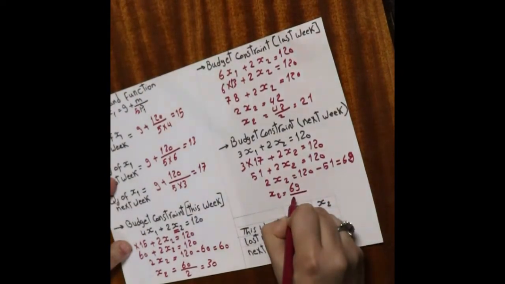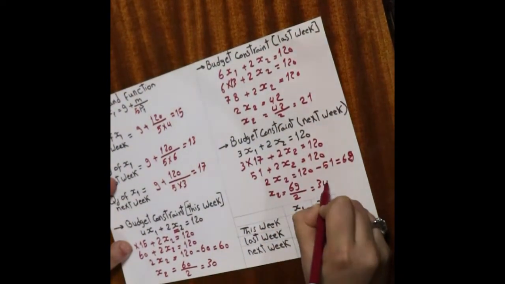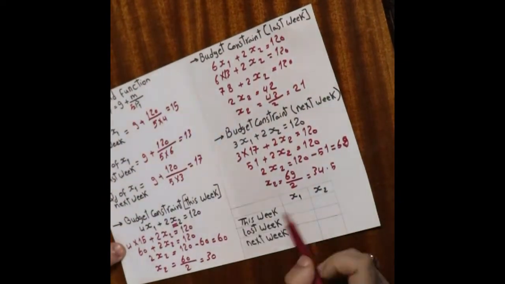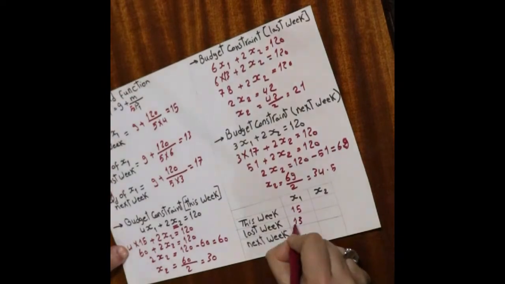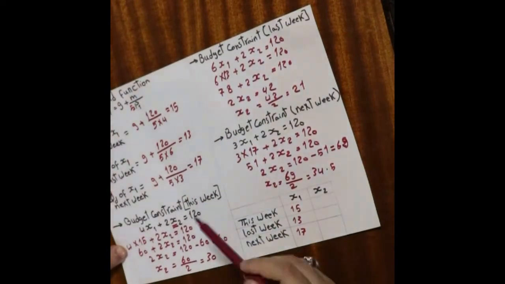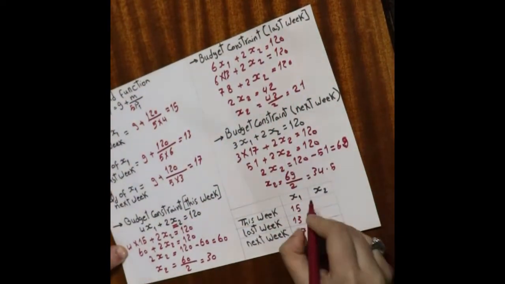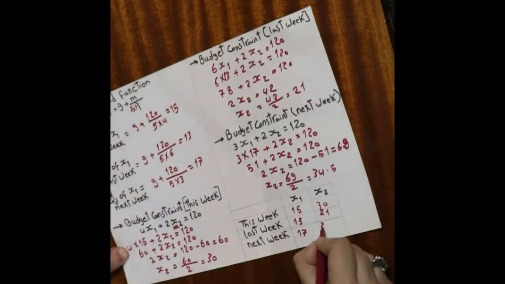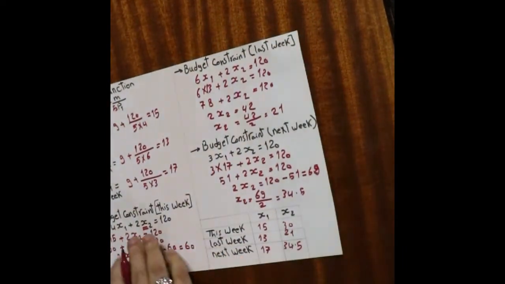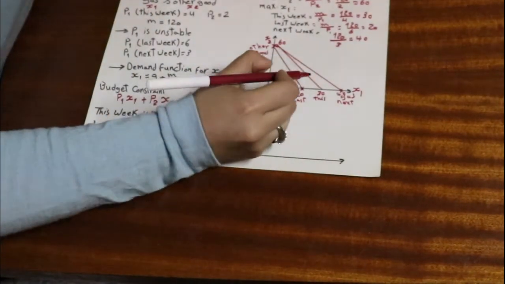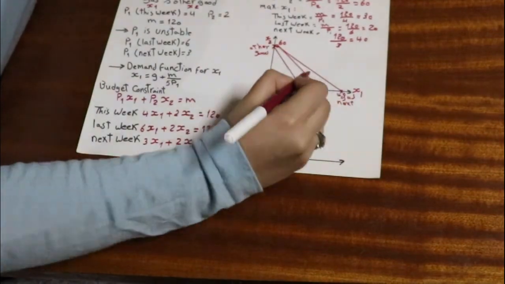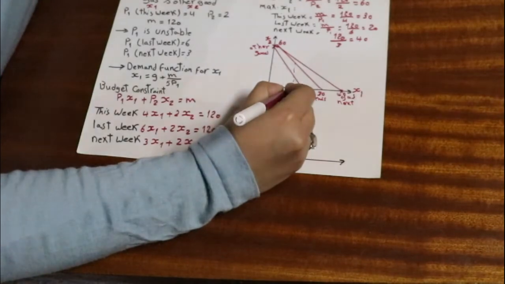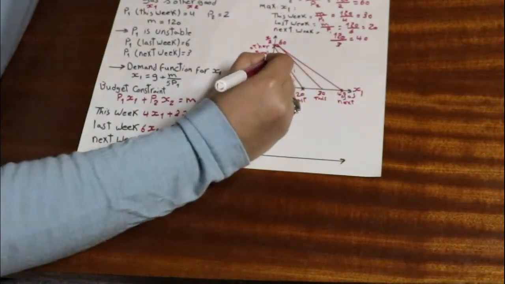I have three values of x1, which are 15, 13, and 17, and three values of x2, which are 30, 21, and 34.5. On the budget line of this week, we will set x1 equal 15 and x2 equal 30 and draw the indifference curve.